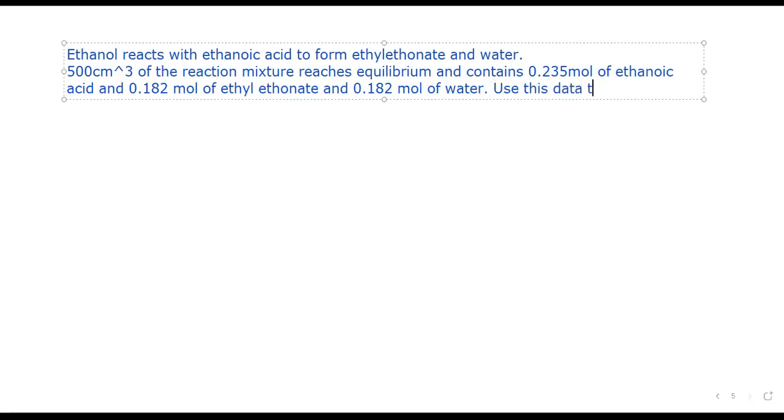Use this data to calculate a value of Kc.